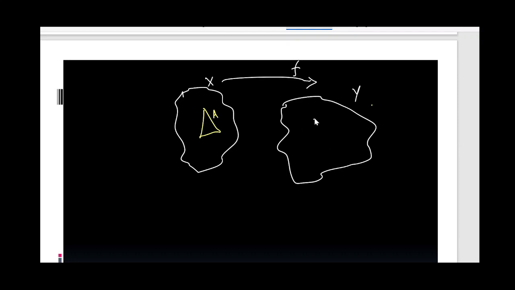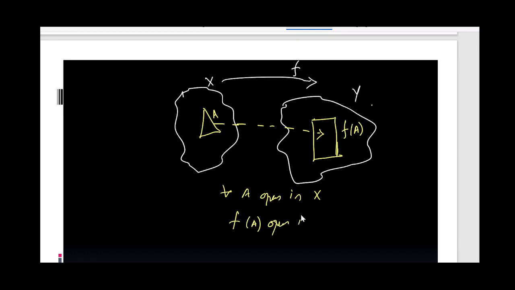I will get something here, suppose this is f of A. So for A, I have mapped this to f of A. Now for every A open in X, f of A open in Y. This implies f is open.